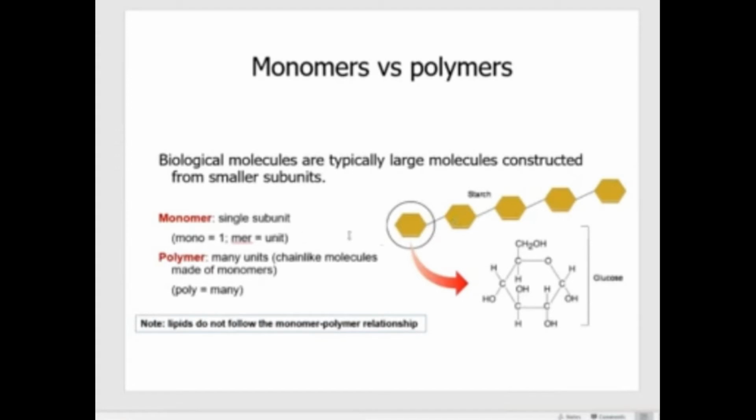It's going to be very, very long chains of this subunit, which is glucose. So a starch molecule is a polymer, and it's made up of monomers, which are glucose. This is one glucose, another glucose, another glucose. When they link their arms together, linked by chemical bonds, they form a polymer.